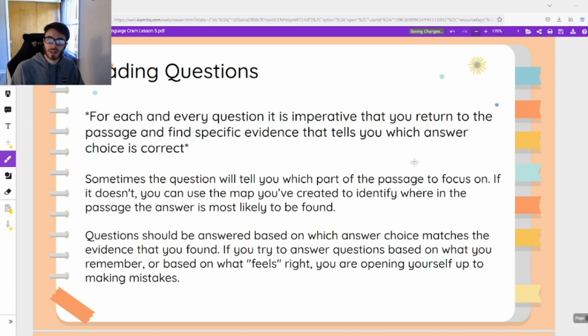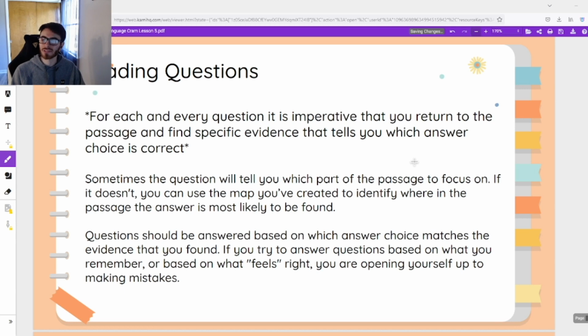However, you are opening yourself up to making mistakes. The AP language test is not a straightforward test. It's kind of designed to be tricky because the people that take the test are the more intelligent students, right? The brighter students, the higher achieving students, I guess is the word I'm looking for.